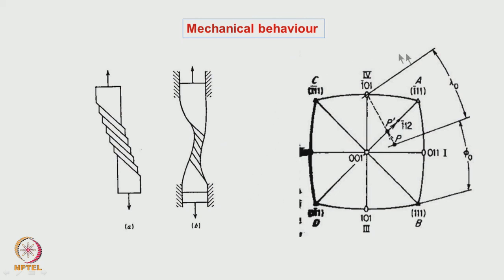This is beyond the scope of this lecture, but I had just mentioned it so that you will remember, in situations when you are working with single crystals, you can use stereogram to get information about which type of slip system will be active when we deform a sample.